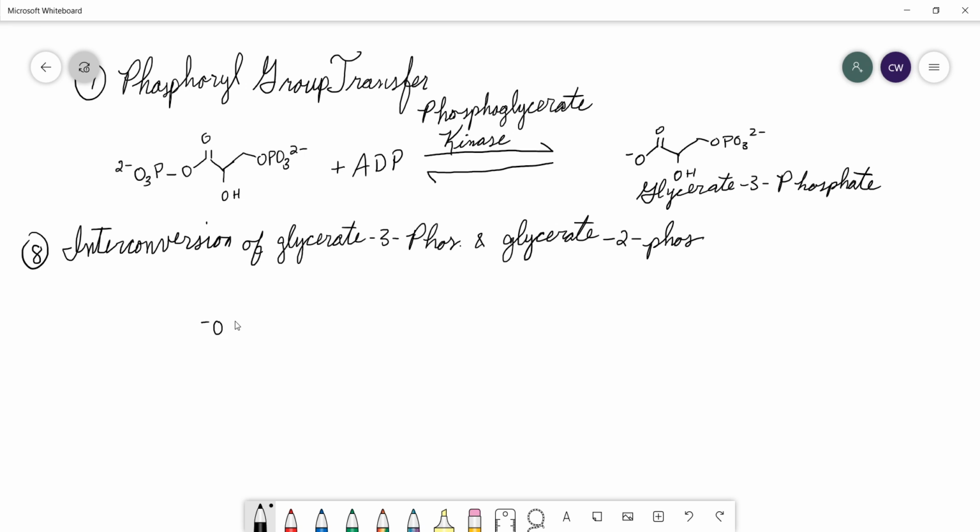So we have glycerate 3-phosphate with its free hydroxyl.